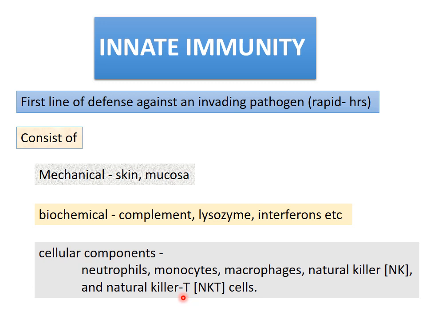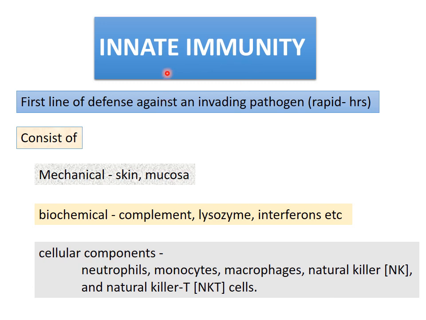Unlike adaptive immunity, the innate immune response exists prior to infection, so it occurs naturally, and this innate immunity is not enhanced by repeated infection. Adaptive immunity is enhanced by repeated infection, whereas innate immunity is not enhanced by the repeated infection. And it is generally not antigen specific.